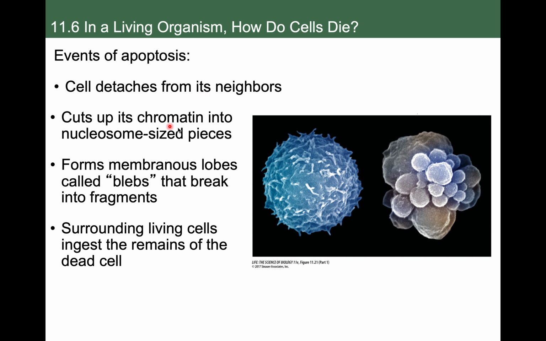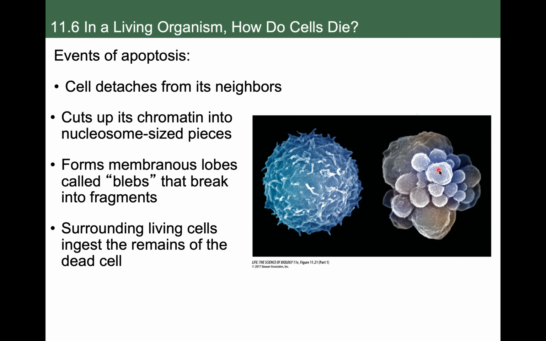It will chop up its DNA into little pieces, and then the cell, literally, it's what's called blebbing. It starts basically just breaking itself down into these little pieces, and then those pieces get eaten by other phagocytic cells, and it is just gone, right? There's no trace of that cell after this process is done.